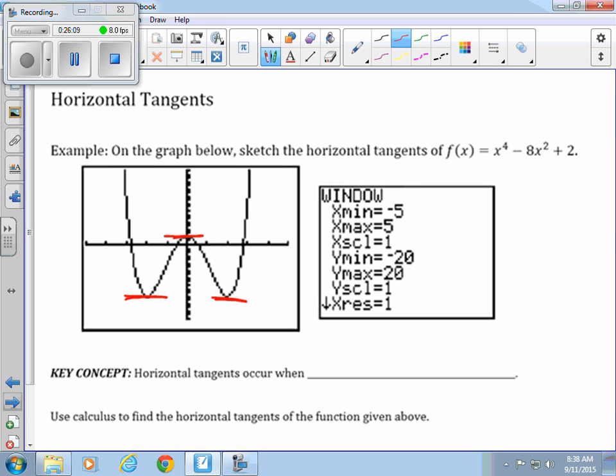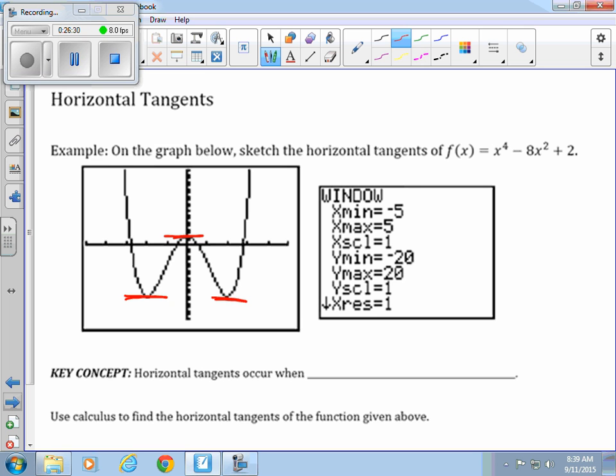Well, I might could guess, but where would the horizontal tangents occur? Where would they occur as far as the derivative goes? Close. And the derivative is 0.